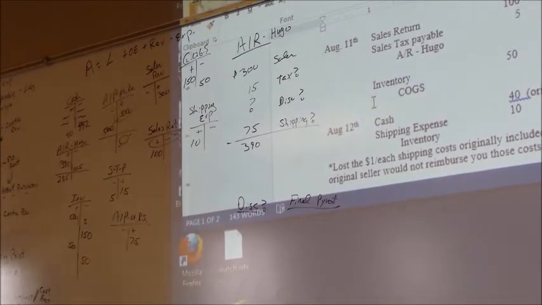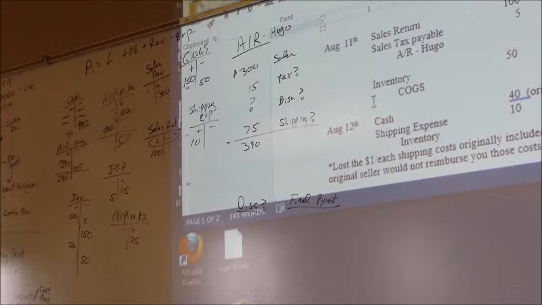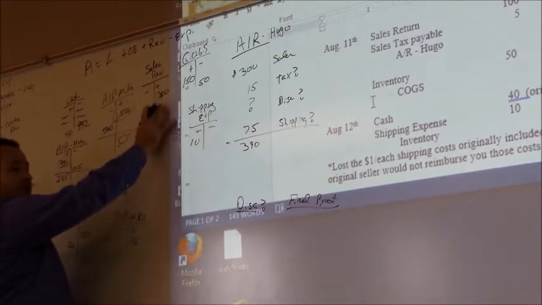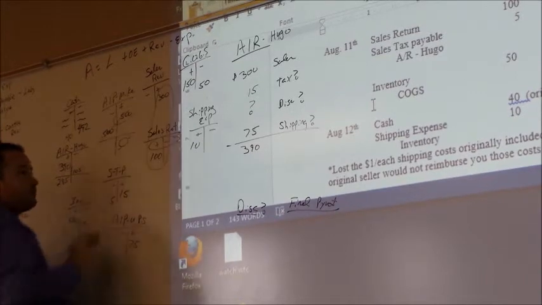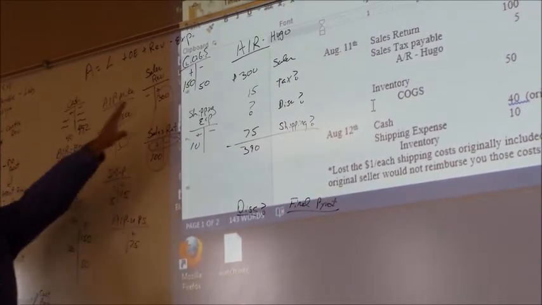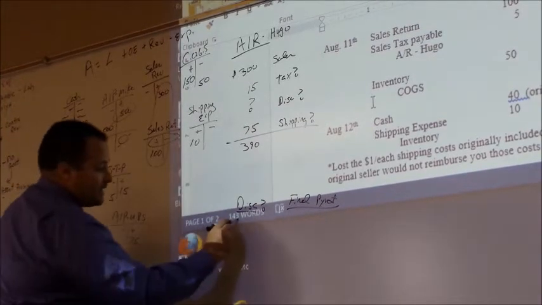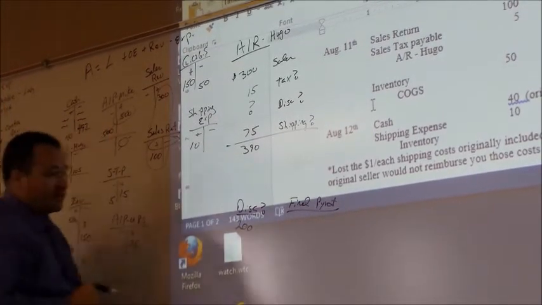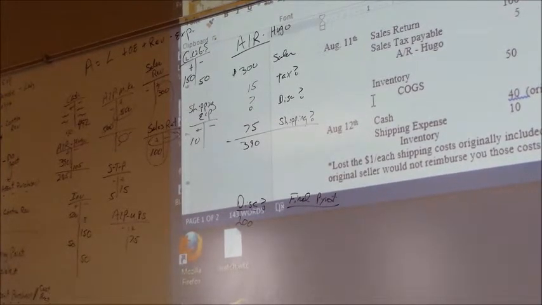If it helps, look at your T accounts. I sold her $300 of stuff. She brought back 100. So I want to base it on the 200 actual sale price, net.